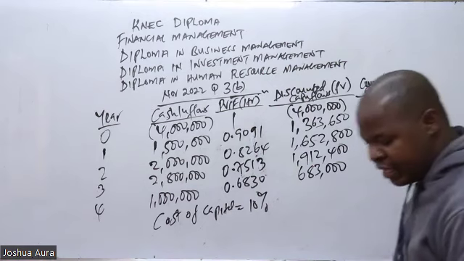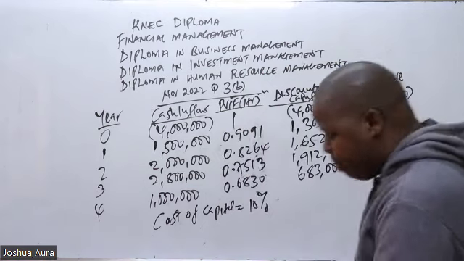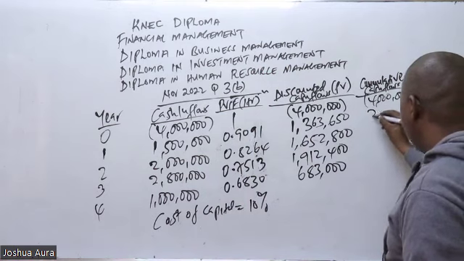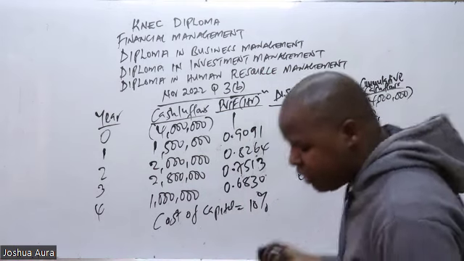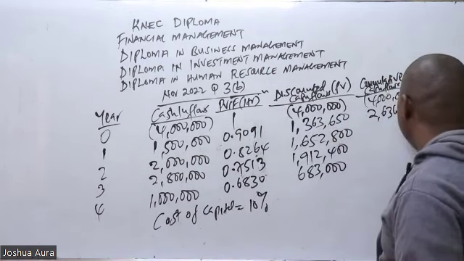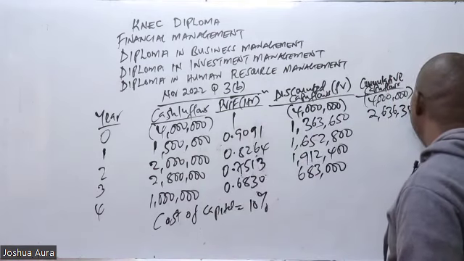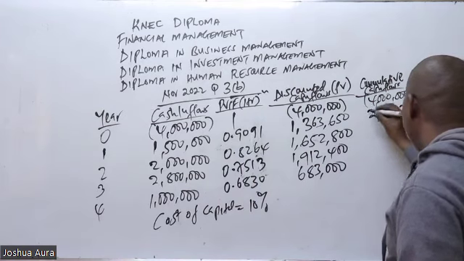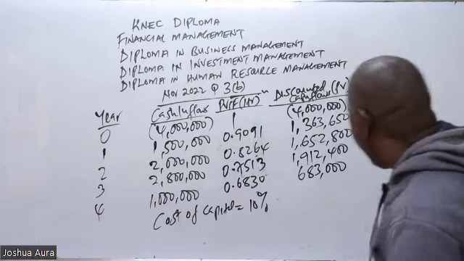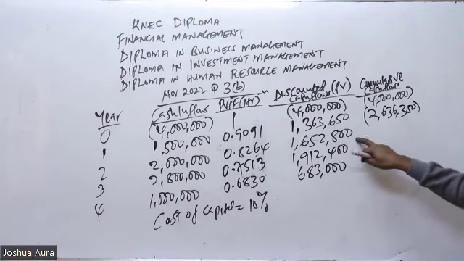So what are we getting? We are getting minus 2,636,350, but it is a negative.